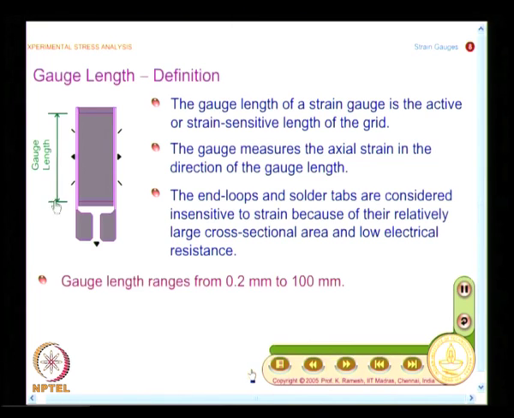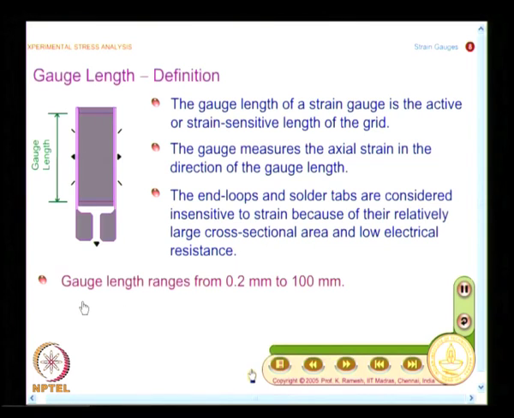And I have already indicated the end loops and solder tabs are considered insensitive to strain because of their relatively large cross sectional area, that we have already noted.